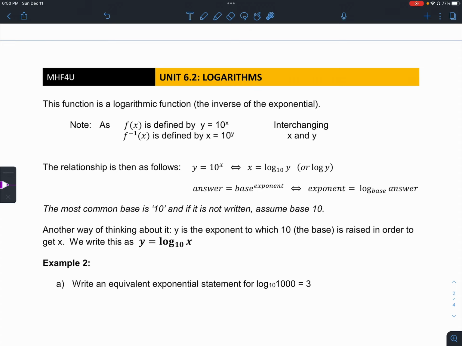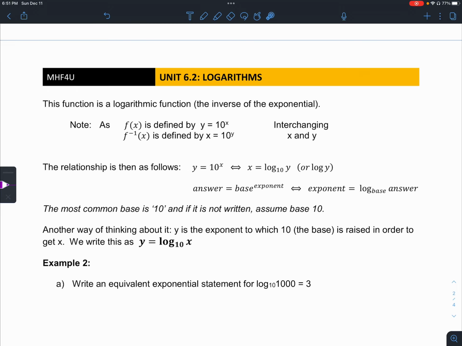Now the most common base for logarithms is 10. And if it is not written, then you assume that the base is 10. So sometimes you're going to encounter where the base is not going to be written. So this 10 is not going to be written. So what you'll see is just y is equal to log x.